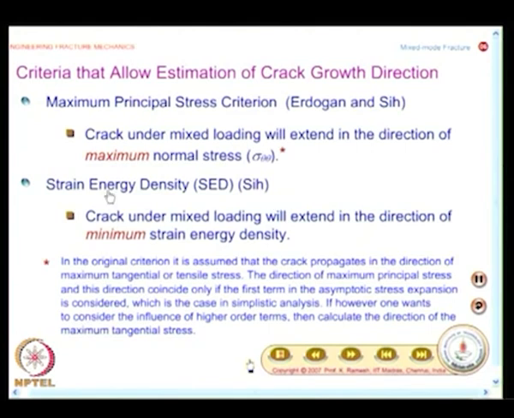And this criterion says crack under mixed loading will extend in the direction of minimum strain energy density. In the case of the MTS or maximum principal stress criterion, crack under mixed loading will extend in the direction of maximum tangential stress, or the principal stress in the simplistic case, and it is very easy to see.